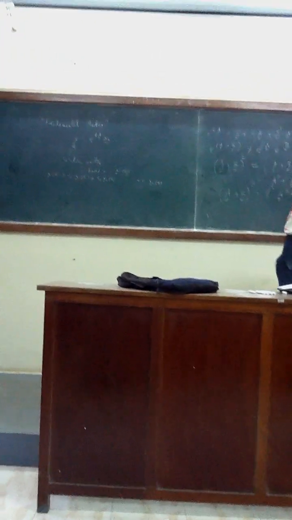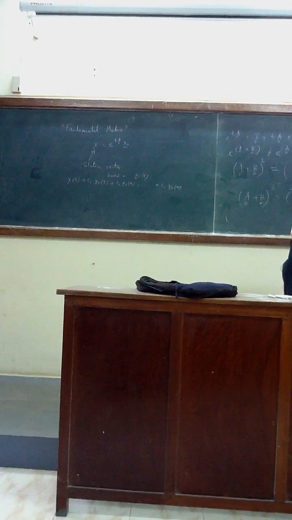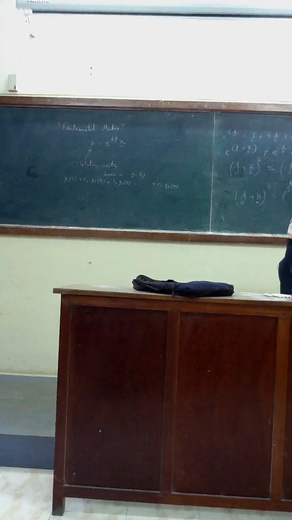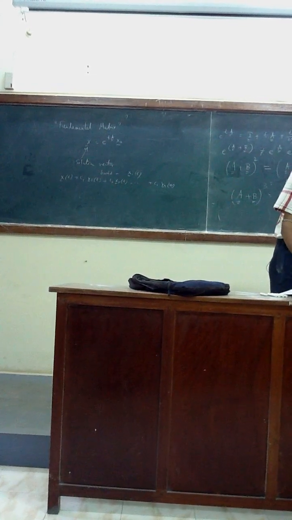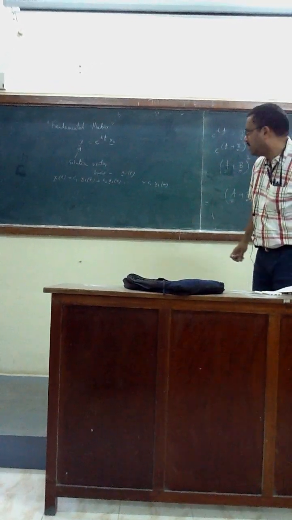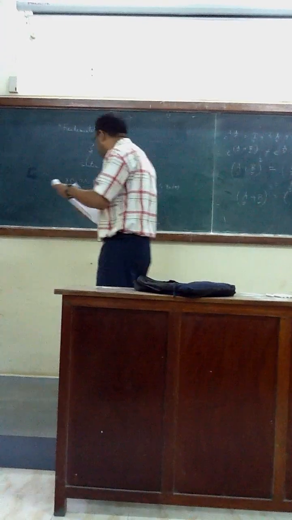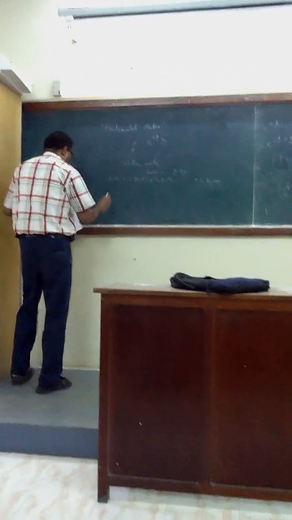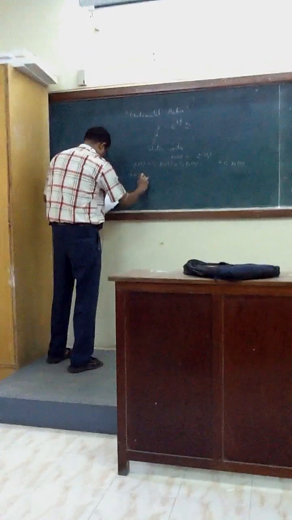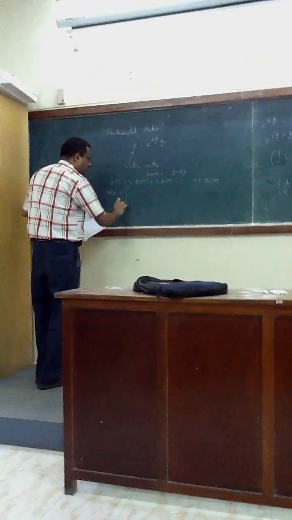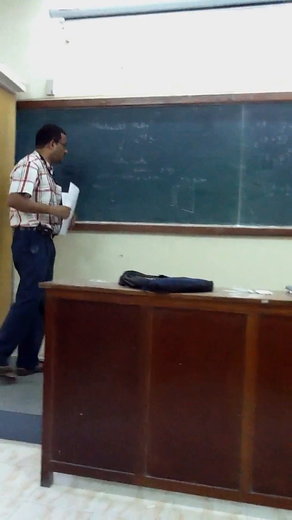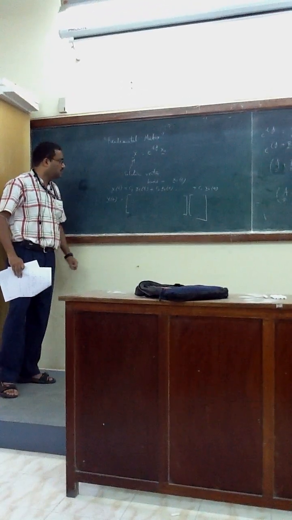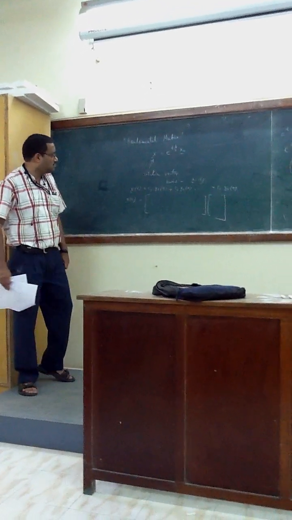So x bar t will be what? X bar t in matrix form, I can write here, this is a column, x1, x2, up to xn, multiplied by c1 to cn.